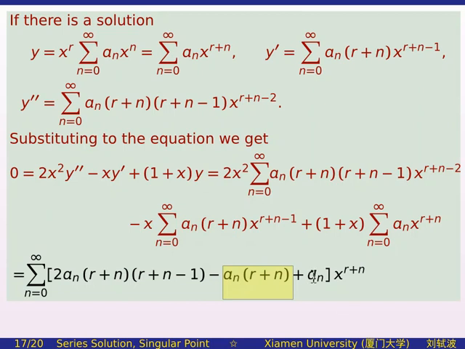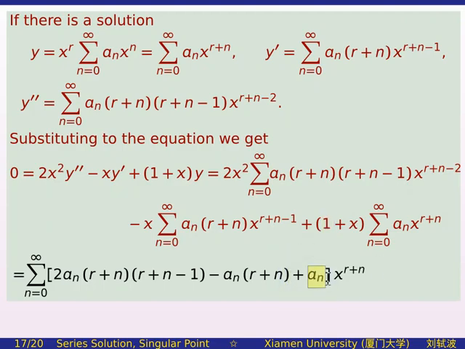Where does this an come from? The last term in the coefficient. We look at the last summation in the previous step, 1 plus x times the summation. So we use the 1. The x we write separately. Using the 1 gives us an x to the r plus n, the term corresponding to 1 in the last term.